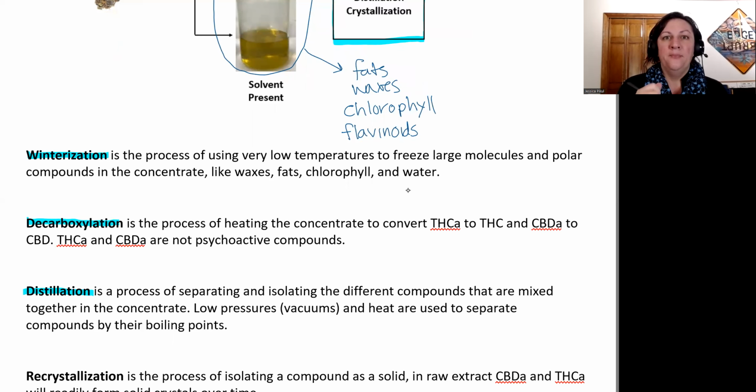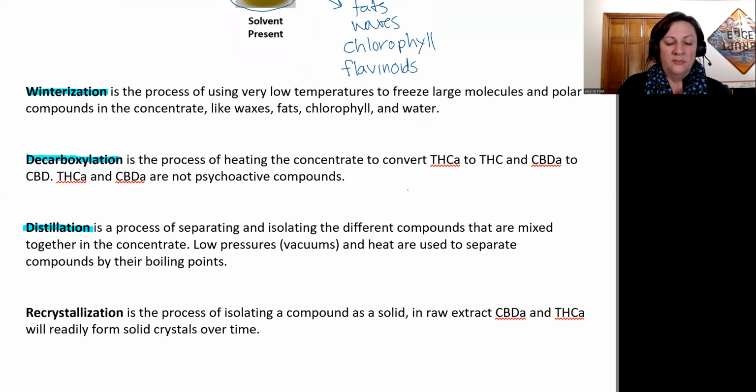And so typically a distillation will either just remove something that's unwanted, like let's say ethanol, or it will remove and isolate individual components like THCA, CBDA, and then the different terpenes of the compound. This is going to use low pressure or heat to boil essentially our compounds to separate them.